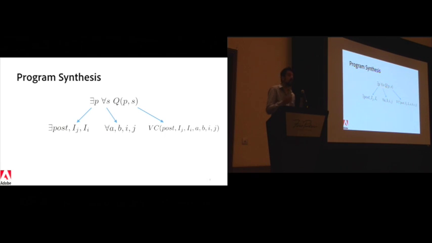That search space is so massive that it is hard to search. The second problem arises from the presence of loop invariants and post conditions. And so I'm going to talk about these first two things.